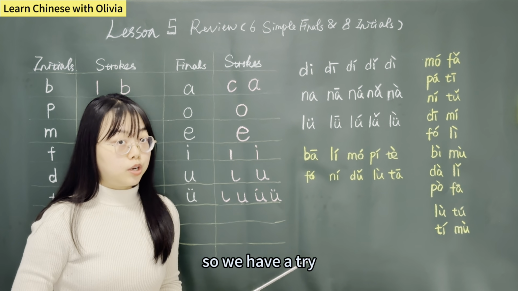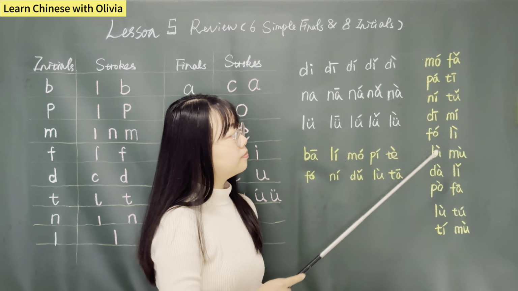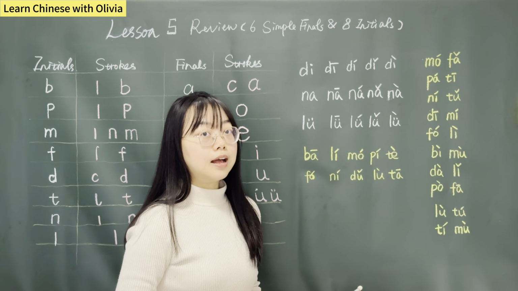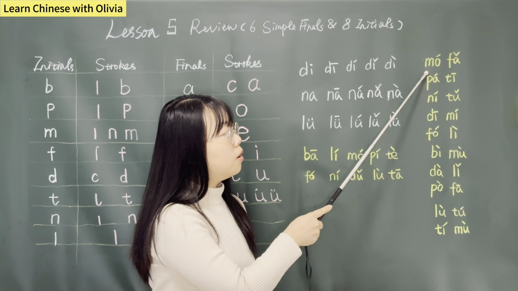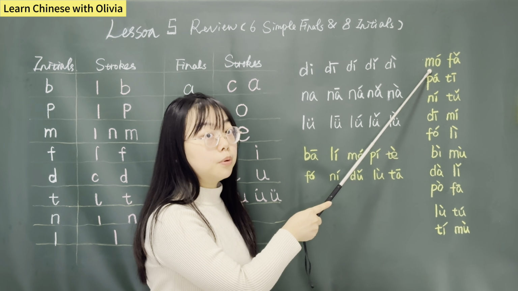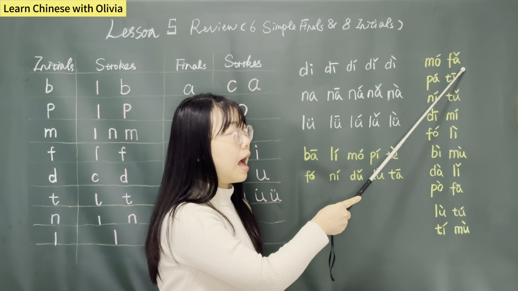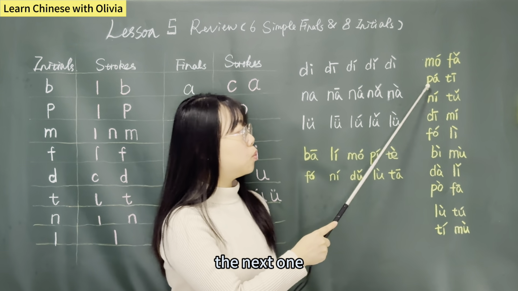So we have a try. Mo, fa. How to get it? Mo, o, mo. Fo, fa. Mo, fa.